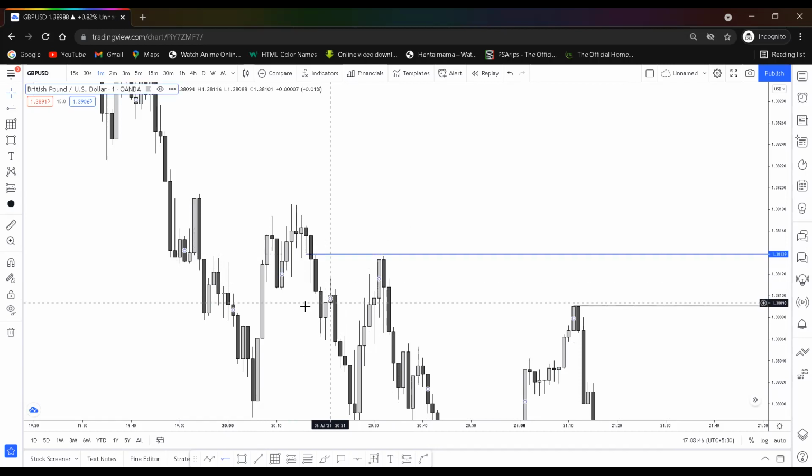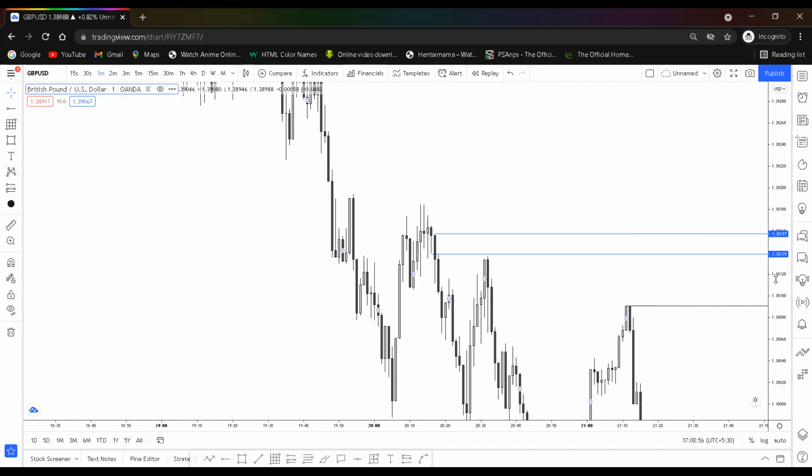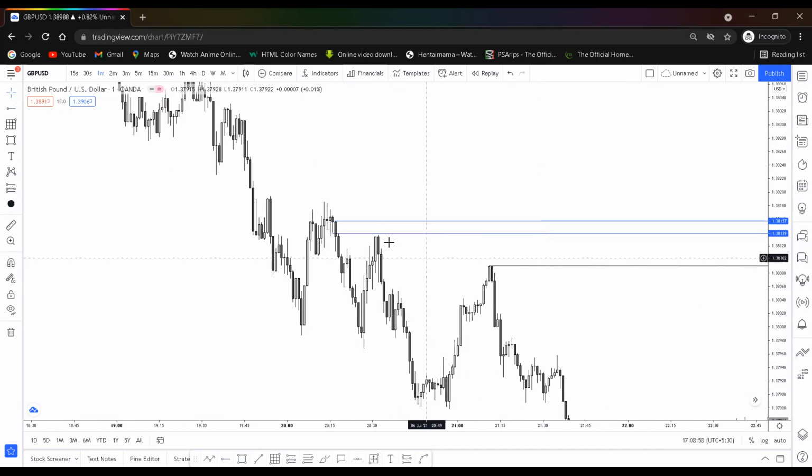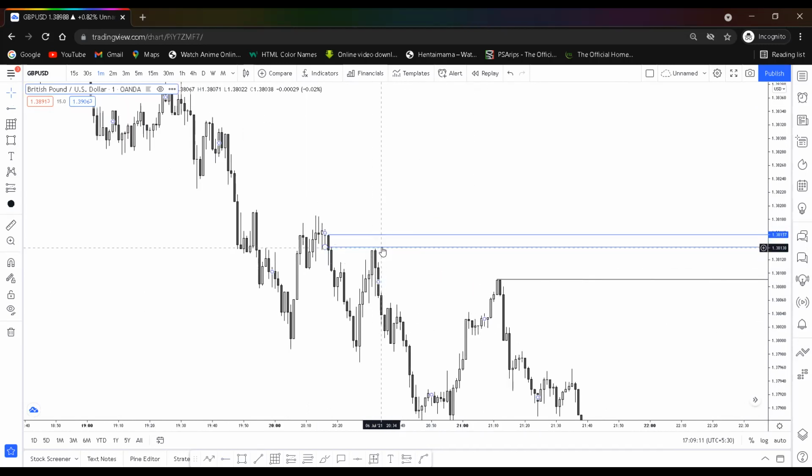And now you see what the inducement is. This becomes the inducement now, because I told you this is a major high on the 1 minute time frame. It comes lower highs, lower lows, lower highs, lower lows. And I told you, after a major trap has been broken, we can expect a pullback.